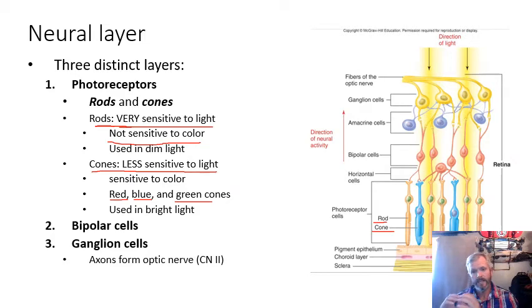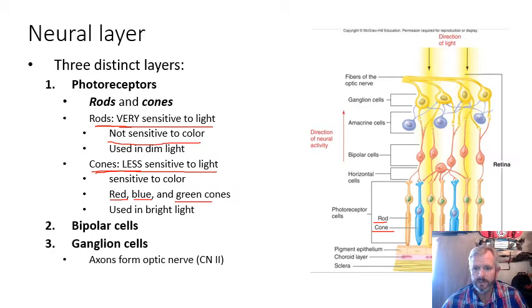When do we see nice and visual bright colors? It's when it's very bright out, because the bright light allows us to use our cones and gives us the high acuity, very sharp vision. Our vision is very sharp when we're using cones. When we're using rods, it's more blurry and kind of fuzzy. So the flow, though, we get these activated.